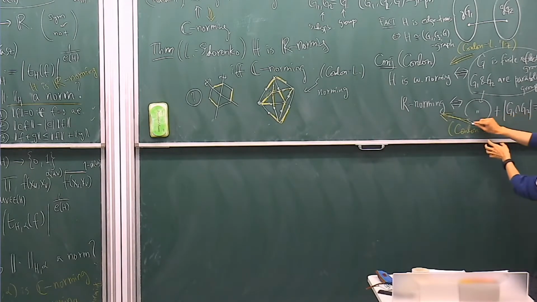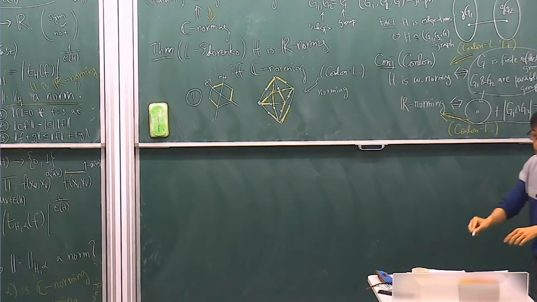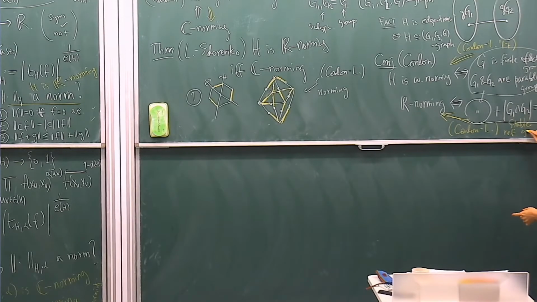So if all of these conditions are satisfied, then we say that my graph is a stable reflection graph. So these G1, G2, G graphs with these conditions are called stable reflection graphs.